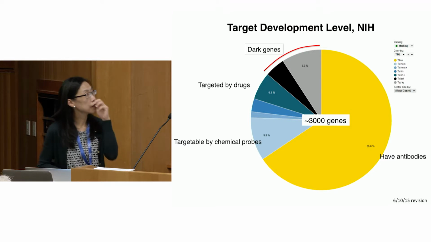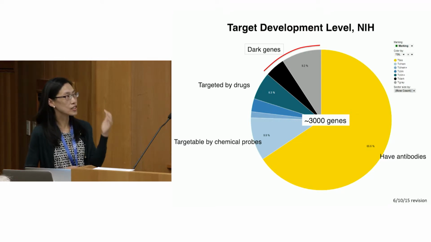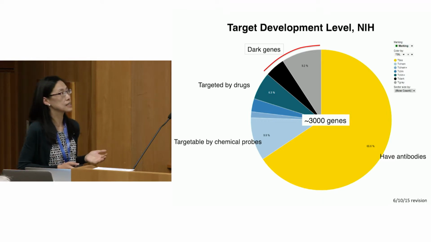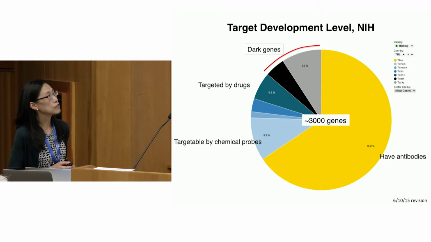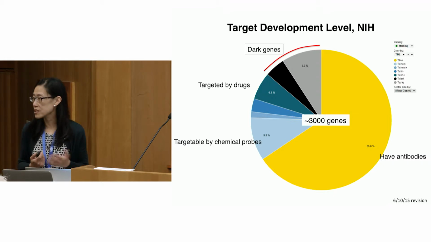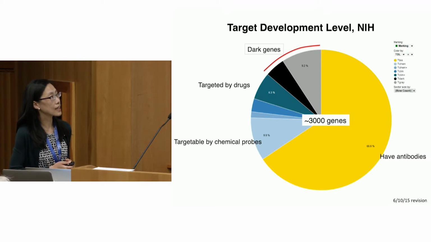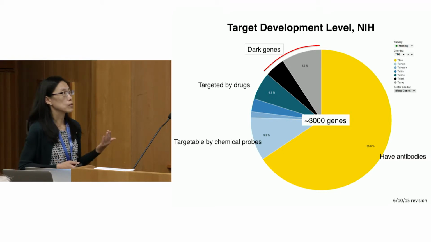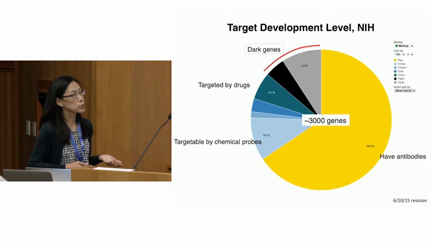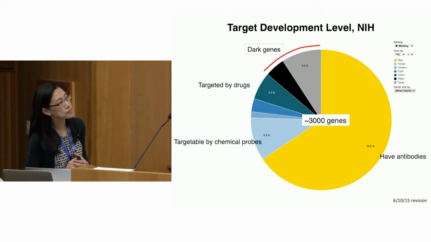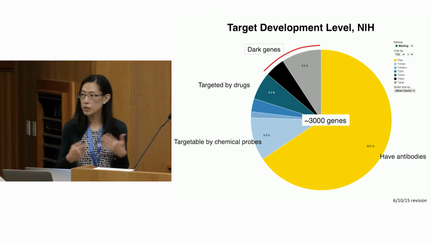However, if you look at the roughly 3,000 genes in these 4 protein families, you find that currently only about 10% are being targeted by drugs. And then there is a good portion of others that can either be targeted by chemical probes, or for which we have antibodies that people are studying.